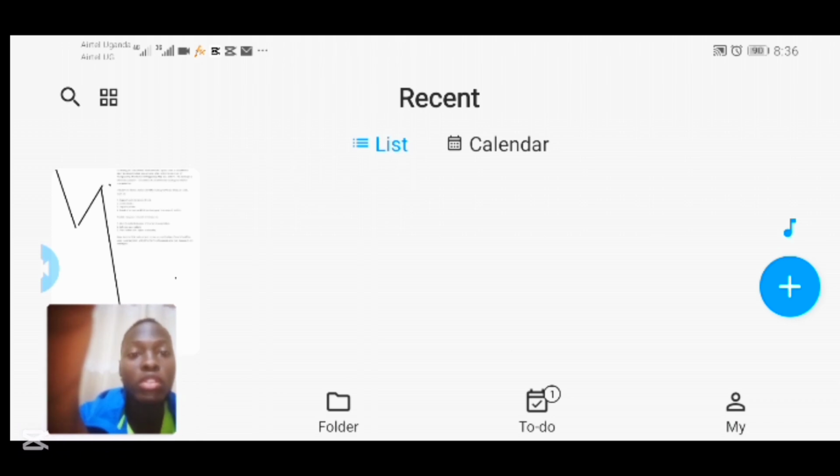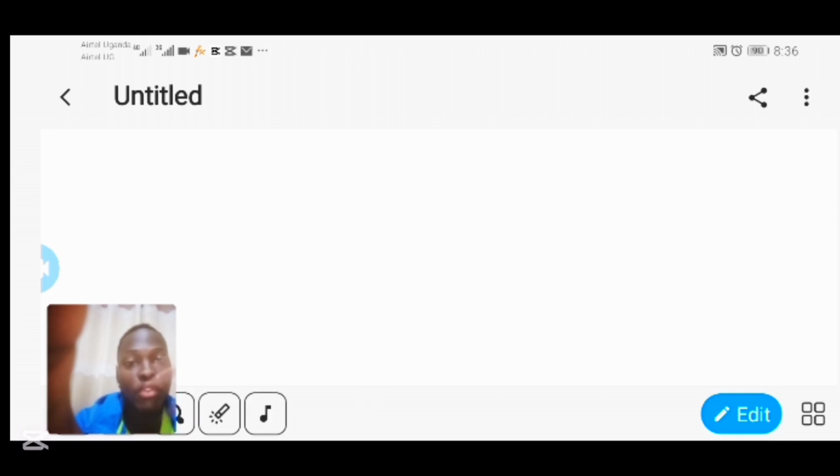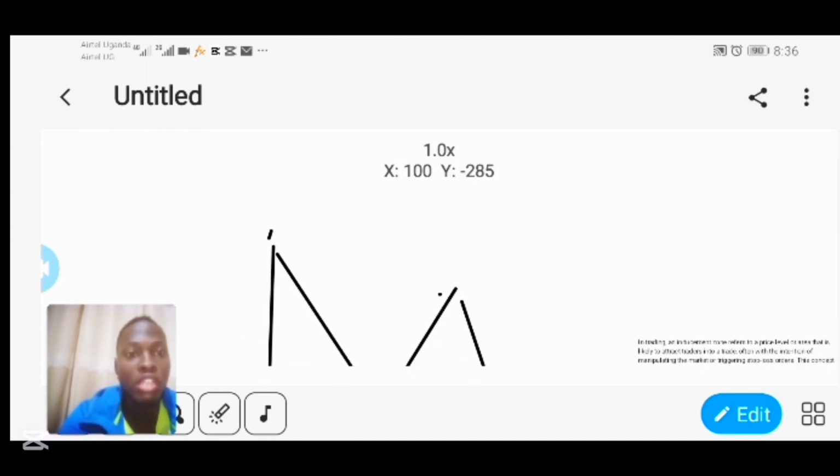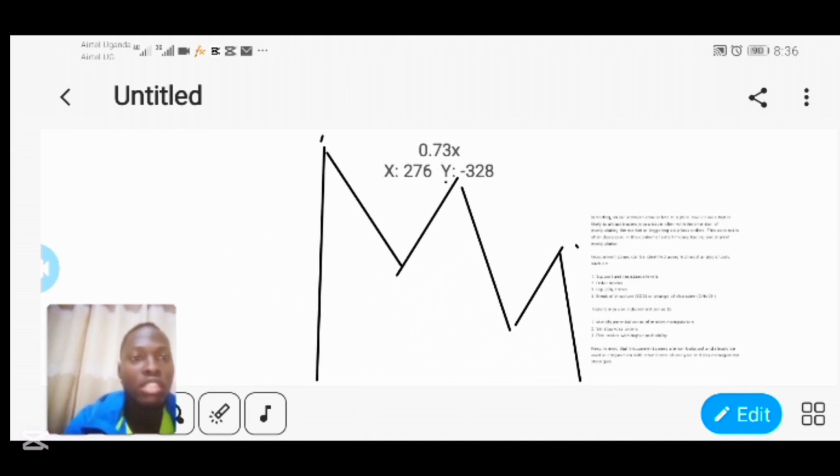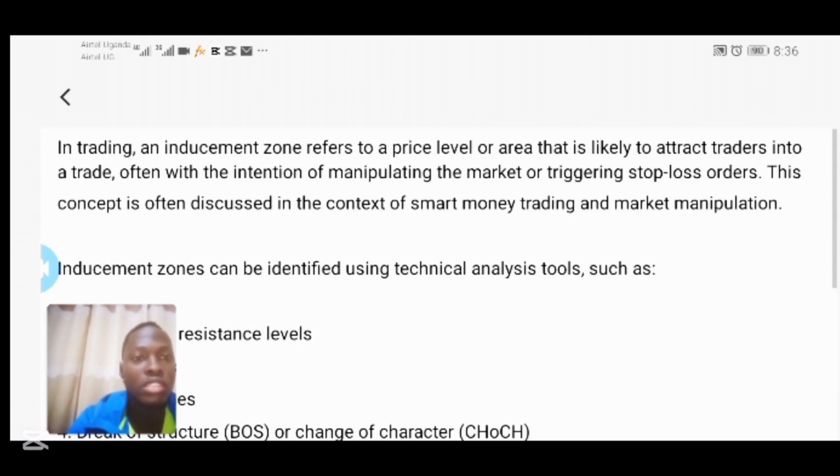I'm going to show you the different inducement zones in the market and how price is induced. Before we go into the live chart, I'm going to use my drawing board to show you how price is going to act.